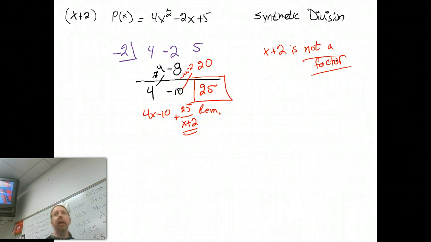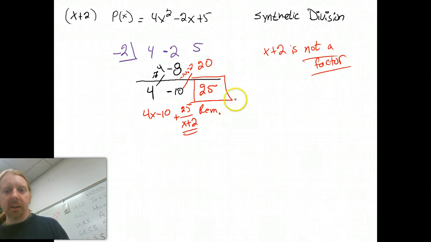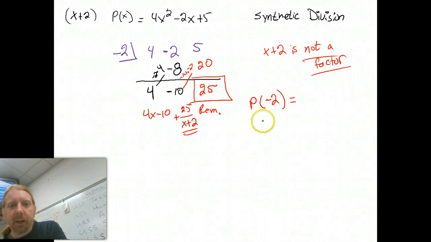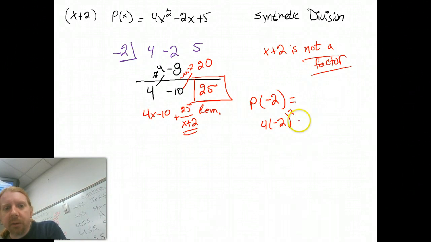Now there's one more thing I want to add to this conversation. Say I wanted you guys to evaluate p of negative 2. That would be taking 4 times negative 2 squared minus 2 times negative 2 plus 5, right?